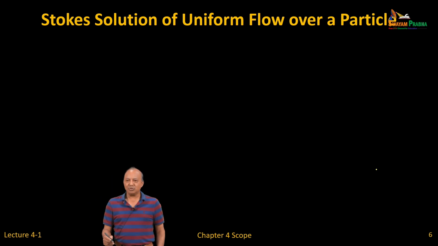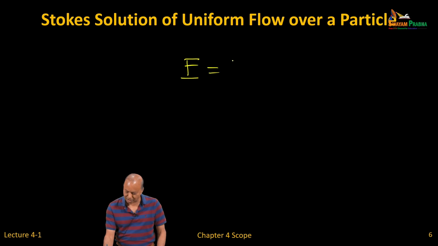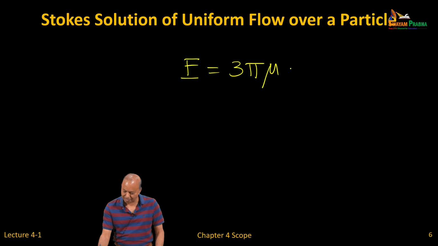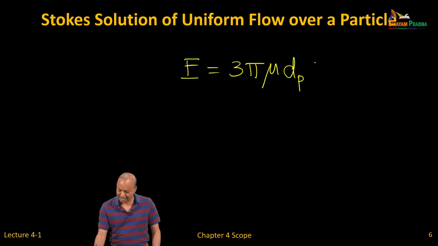So the Stokes solution, I hope all of you know how to derive that. The Stokes solution gives the force on a particle to be 3 pi mu of the fluid, times the diameter of the particle, times a function of u minus v.